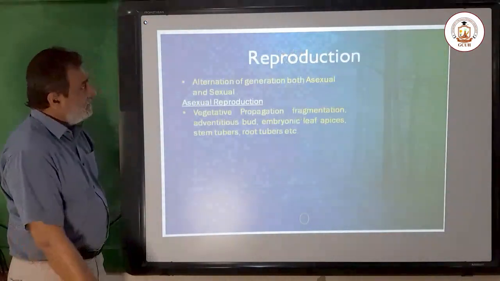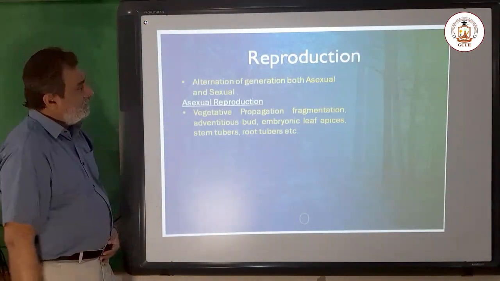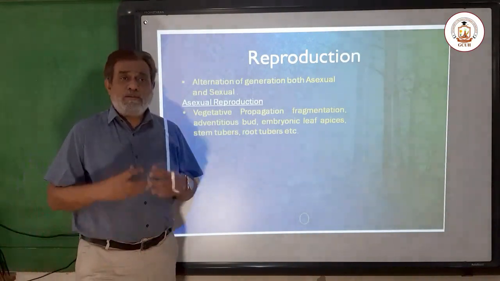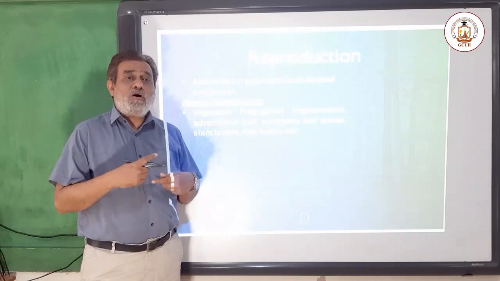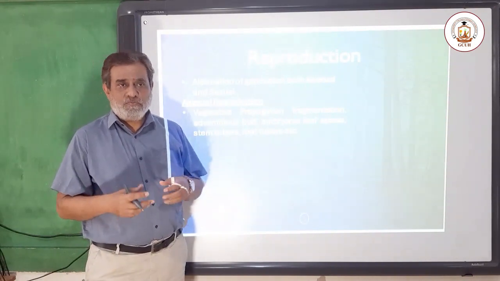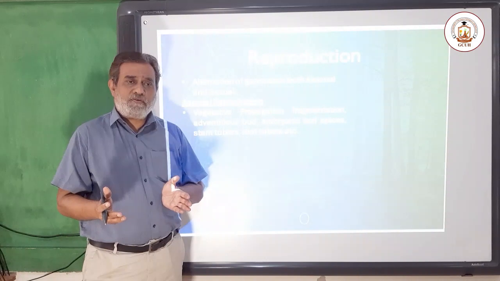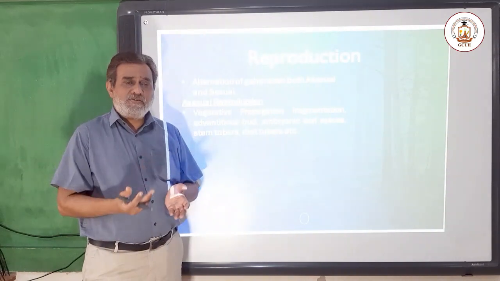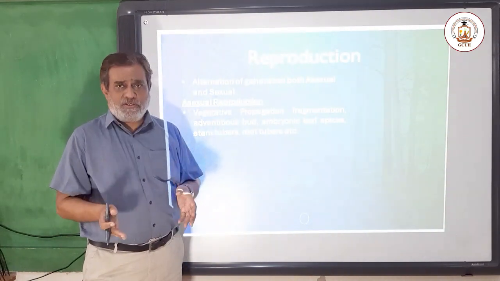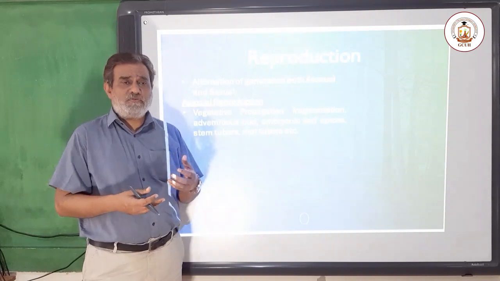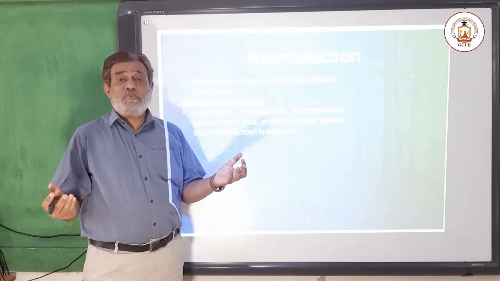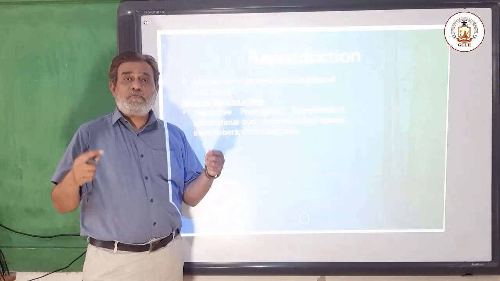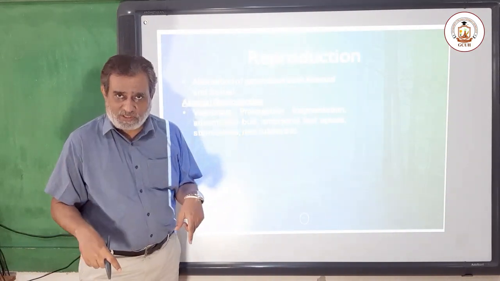Then after that, we can see reproduction. You know that in all plants, reproduction involves alternation of generations, sexual reproduction alternating with asexual. As I have discussed in all these vascular plants, the main plant is the sporophyte, so it performs asexual reproduction.